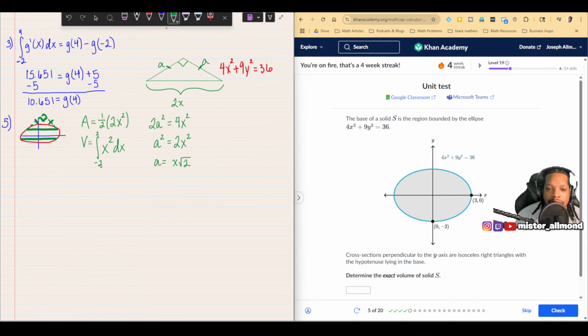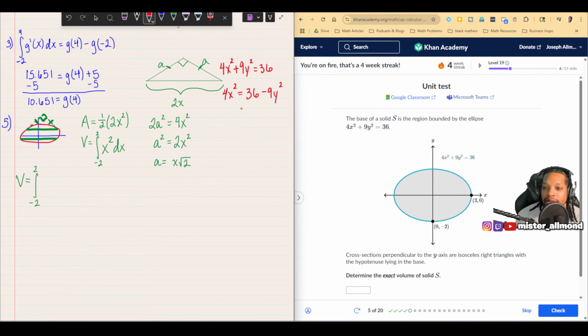So I'm going to rewrite this. I'm going to say the integral, still from -2 to 2, but I'm going to figure out what x squared is equal to in terms of y. I'm going to do that from here. So I guess I would start by going 4x squared equals 36 minus 9y squared, and then dividing everything by 4.